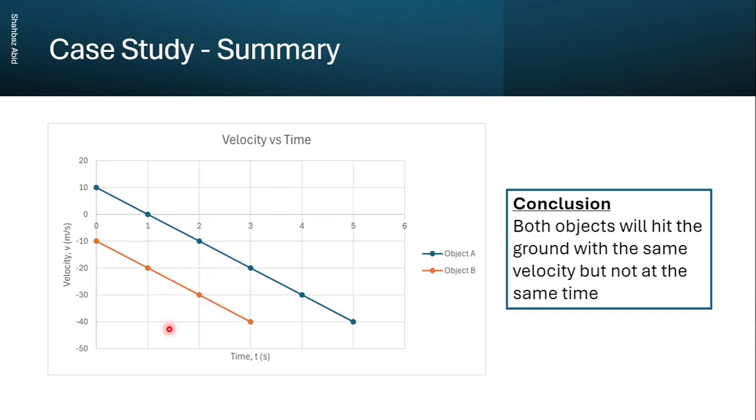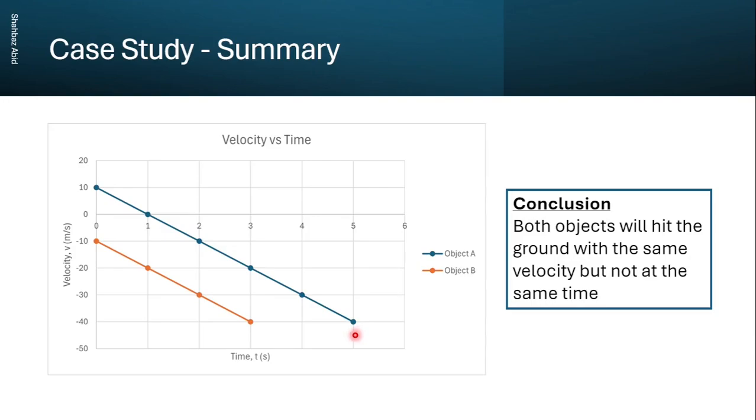Both objects are going to hit the ground with the same speed, negative 40 meters per second, but they are not going to hit at the same time. Object A has taken 2 seconds more due to the upward motion, so there is a lag of 2 seconds between them.